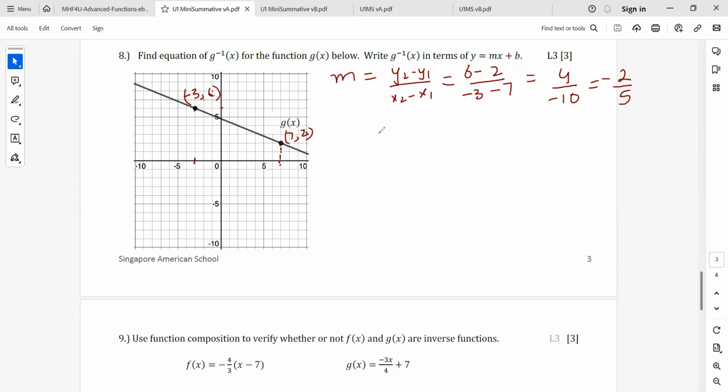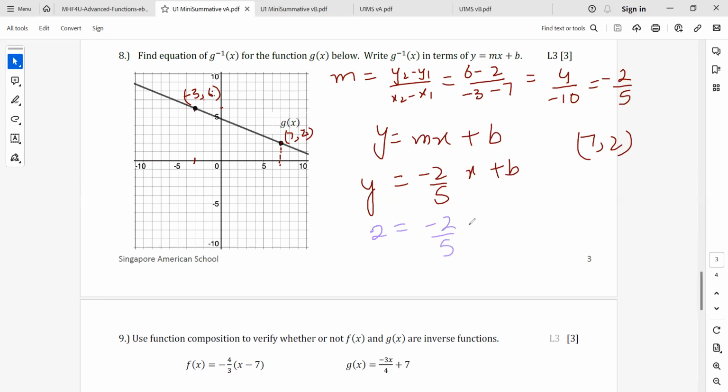So now we have the equation y is equal to mx plus b. What is m? m is -2/5, so y equals -2/5 x plus b. Now if we take any one point, let's take 7, 2, and put it in the equation. y is 2 and x is 7.